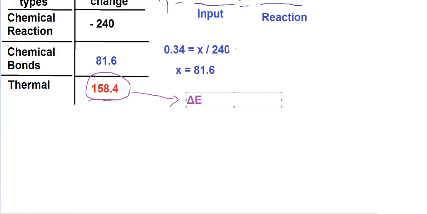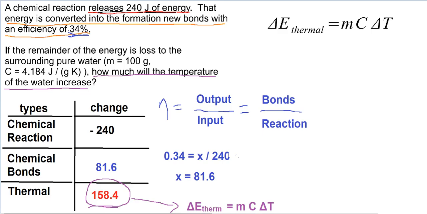delta E thermal, is equal to our mass times our heat capacity times our change in temperature. Now here we know that delta E thermal is 158.4. Here we're provided with the mass. Now the mass is in grams. It's provided to you in grams, but so is the heat capacity.